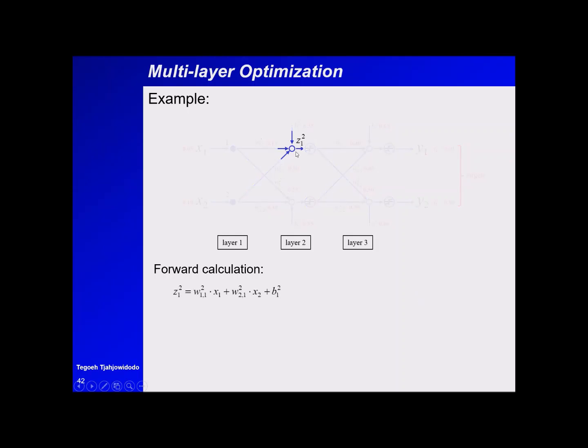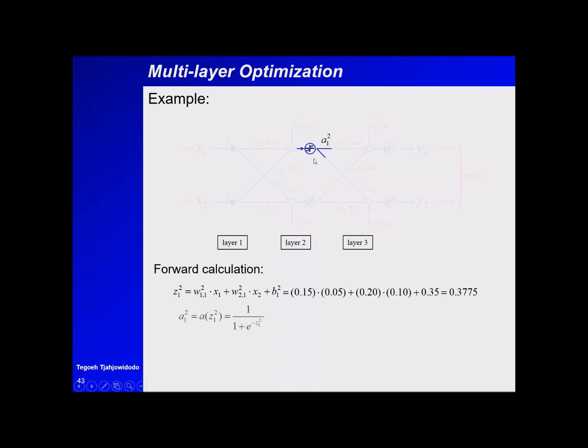That will be the output of this node. Please check the values that I have already provided. The output of this node will be equal to 0.3775.